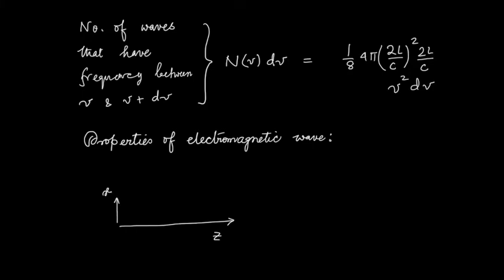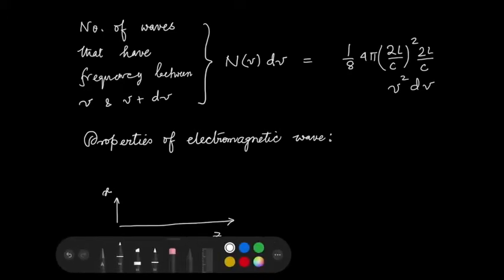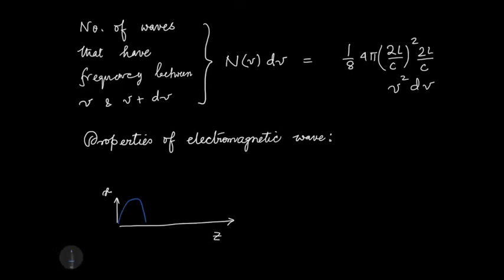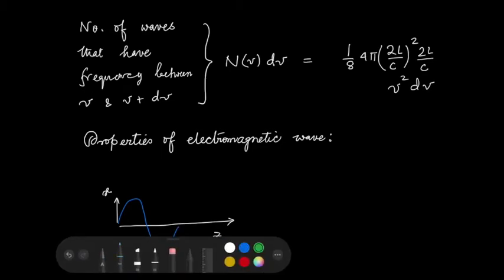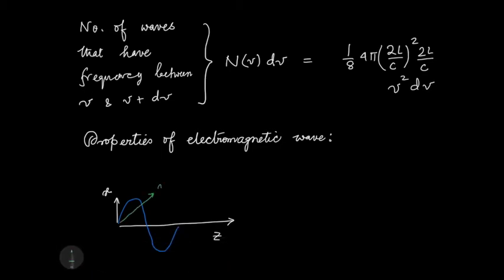It can have a component along x, but at the same time, it can have a component along y also. So with the same frequency, I will have another wave which is along y. And these two waves are independent of each other. They are called polarizations. So there are two polarizations.